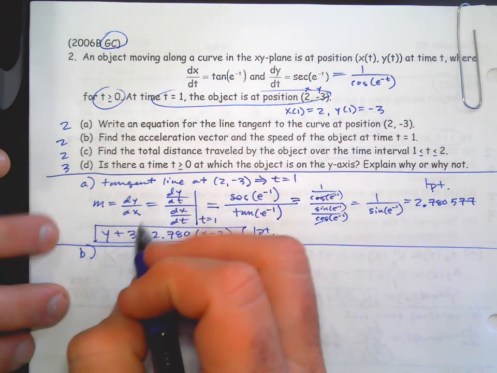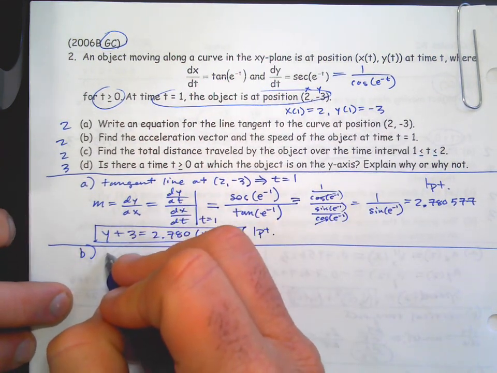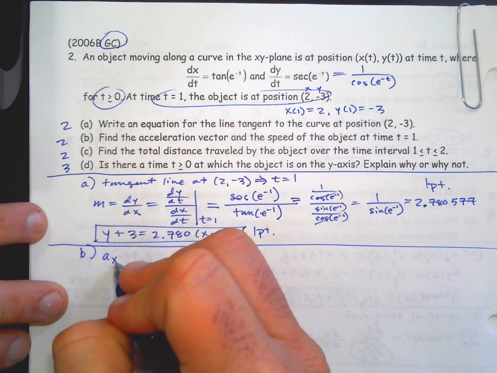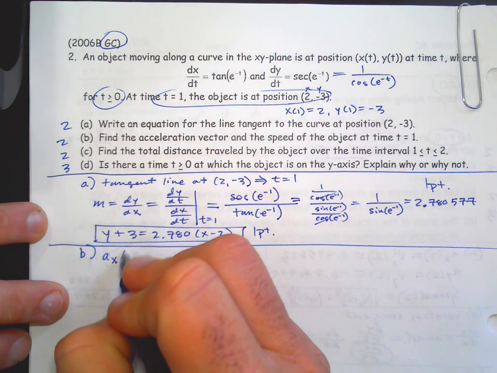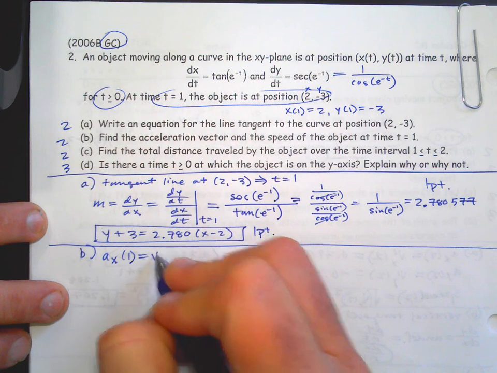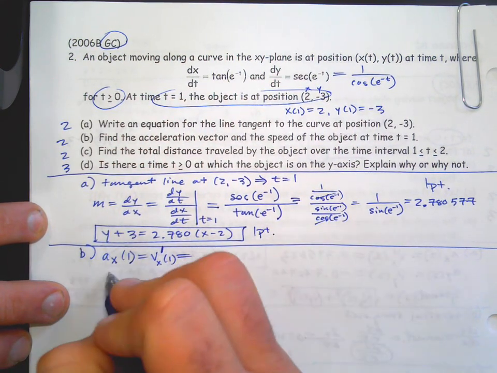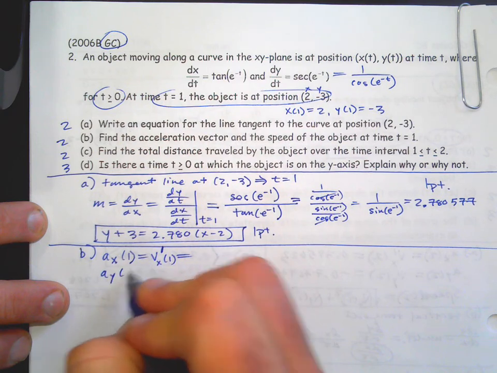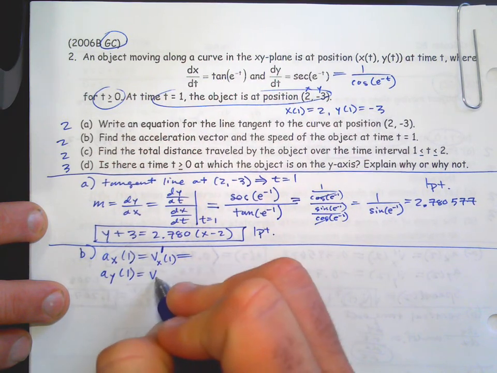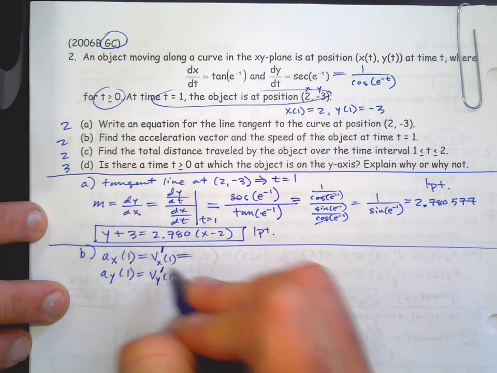It's a lot like the last one. So acceleration vector, a_x at time 1 is just going to be the derivative of velocity at time 1. So I'll do that in my calculator, and then the acceleration in y at time 1 is going to be the derivative of the y velocity.